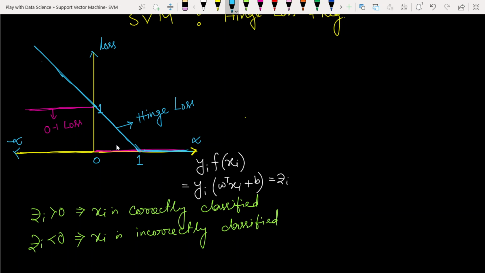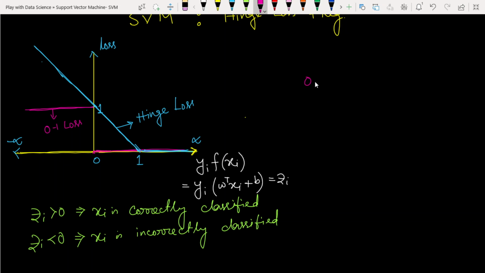This is our 0 1 loss. In 0 1 loss, this function is not differentiable at the point 0. Just see here. The 0 1 loss is not defined there, so it is not continuous, and it is not differentiable at the point 0.